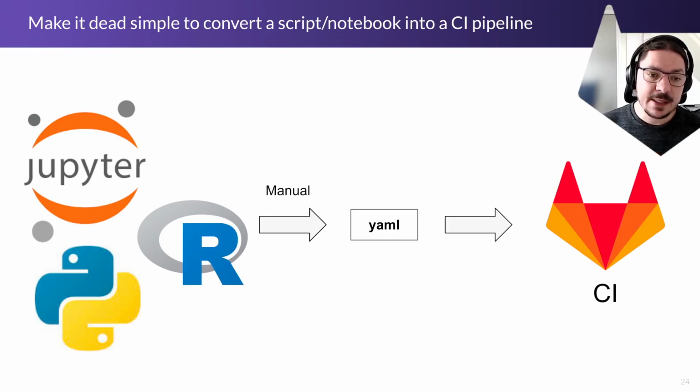Another thing is, okay, I have Jupyter, Python, or I created my data pipeline, my machine learning pipeline, and now I want to go and create a CI. I have to manually transform that into a YAML that goes into the CI, but why is this necessary?